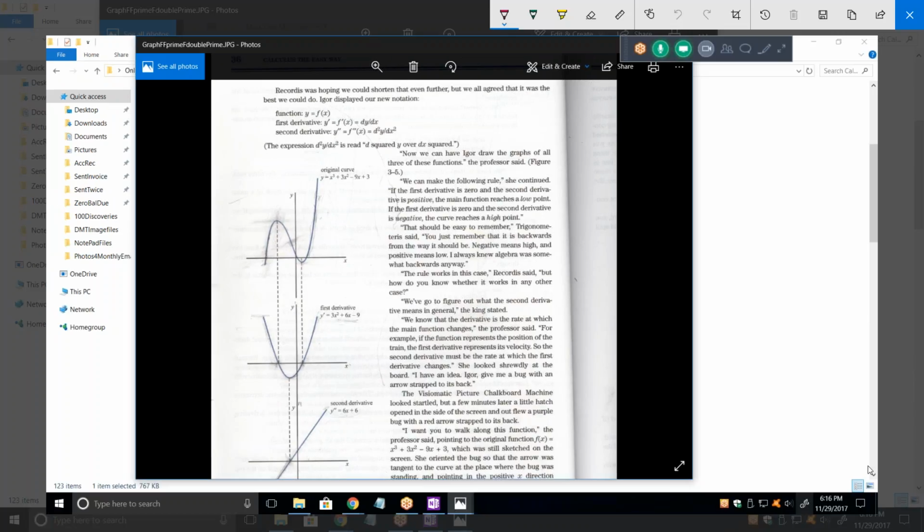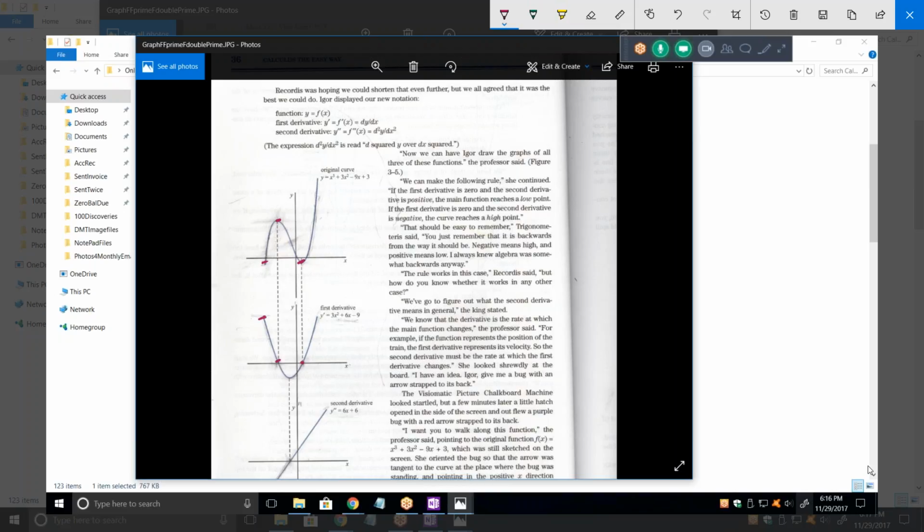When the original function is increasing from there to there, first derivative is positive. Ignore the fact that the first derivative is decreasing. The only thing we know is that if the original function is increasing, the first derivative is positive. If the original function is decreasing, the first derivative has to be negative.